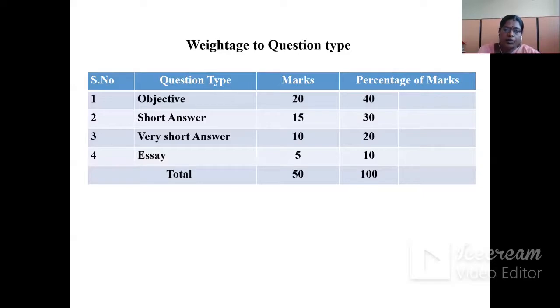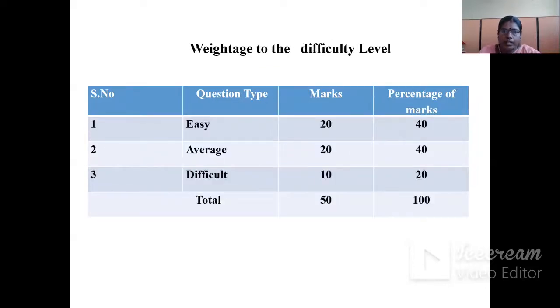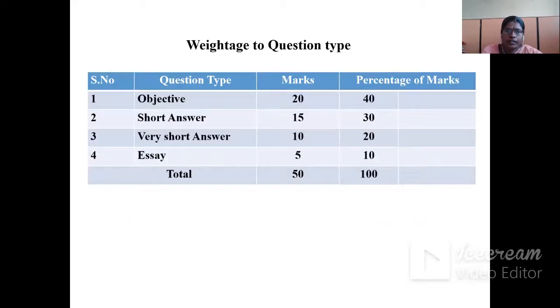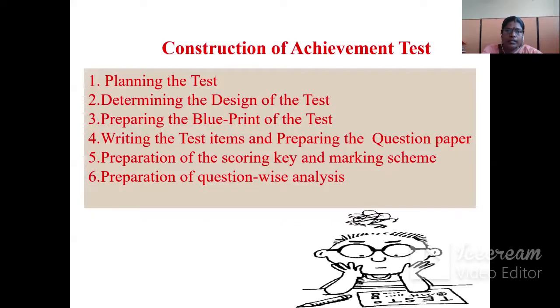And essay question, 1 question for 5 marks, total 50 marks. That is the weightage to question type. And weightage to difficulty level: easy questions 20 marks, average questions 20 marks, difficult 10 marks, total 50 marks. So that is determining the design of the test.